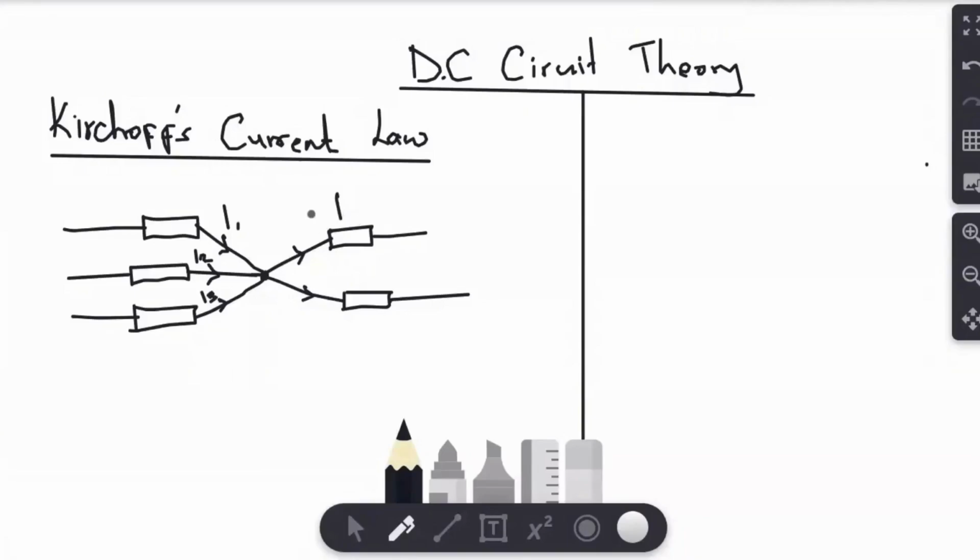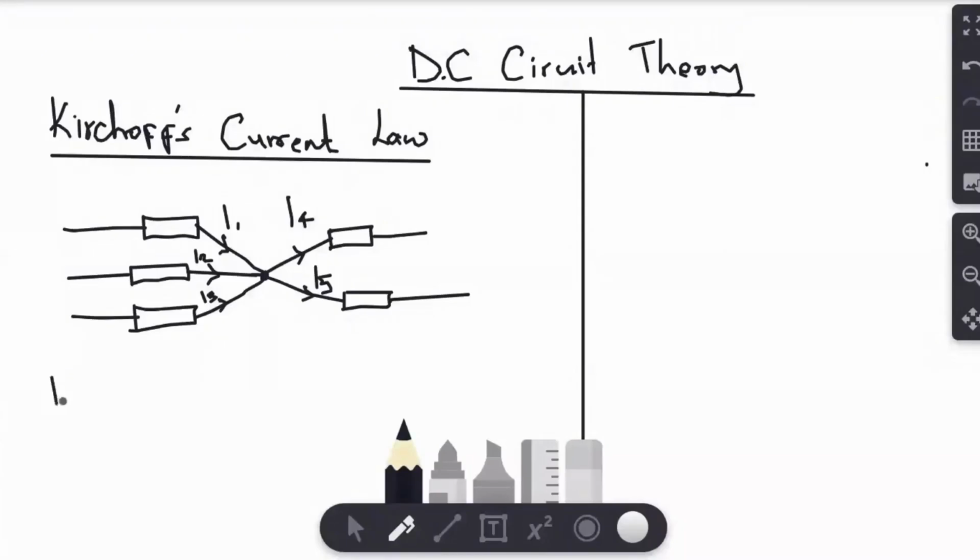Let's look at that in an electrical circuit diagram. We have three currents flowing towards the junction and two currents flowing away from the junction. So we have I1, I2, and I3 flowing towards the junction, and then I4 and I5 flowing away from the junction.